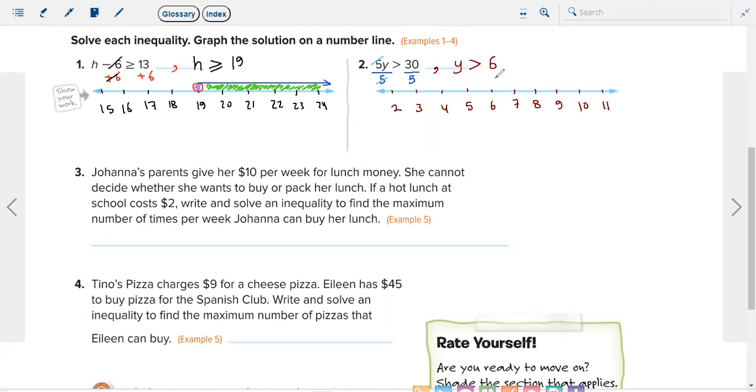Now, circle for 6, and it is not shaded because we don't have here an equal sign. y bigger than 6, so we go to the right, all the way to the right. And don't forget to make an arrow and to shade all the numbers to the right of 6.